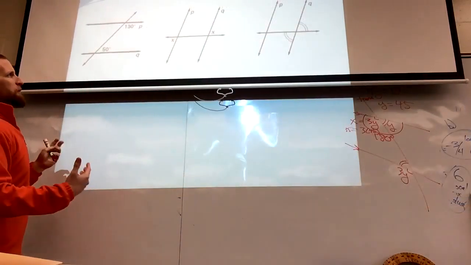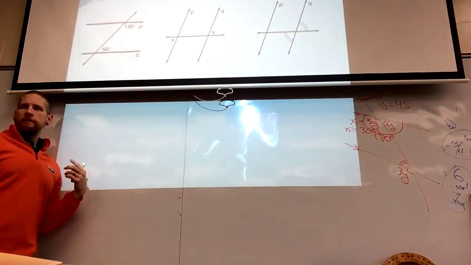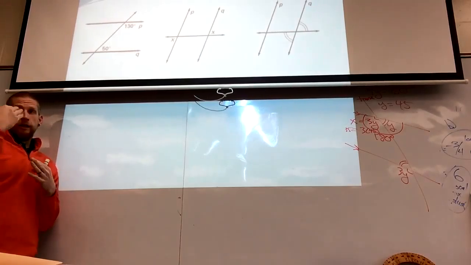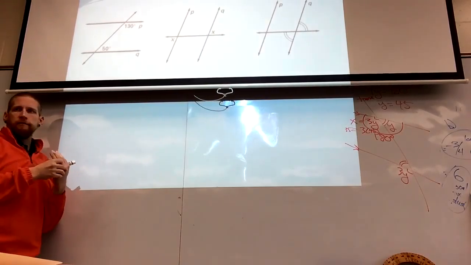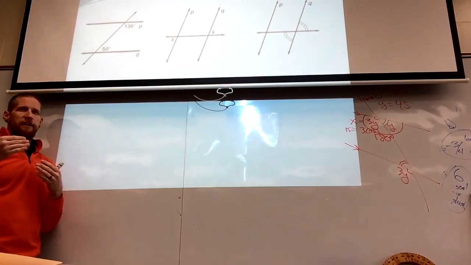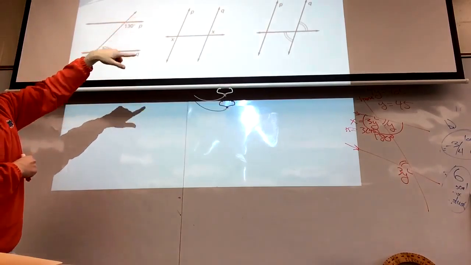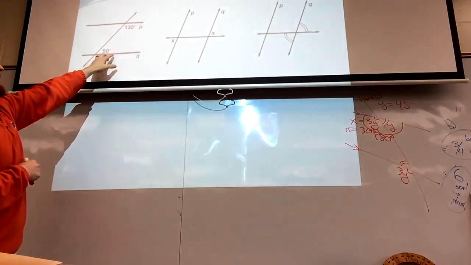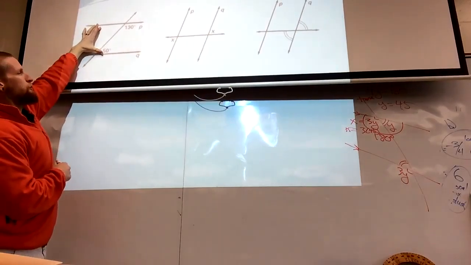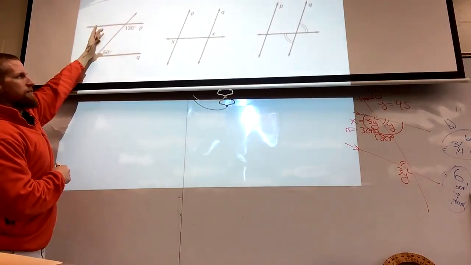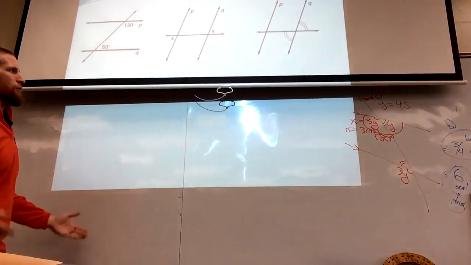So the question will be, like it says up there, can you prove that the two lines that look like they're parallel are actually parallel? And there should be an obvious set that you would look for. Even if I didn't specify P and Q, if I said name me a pair of parallel lines, these are the only two that make sense to even look at. Because obviously this one's intersecting it, so there's no way it's parallel.